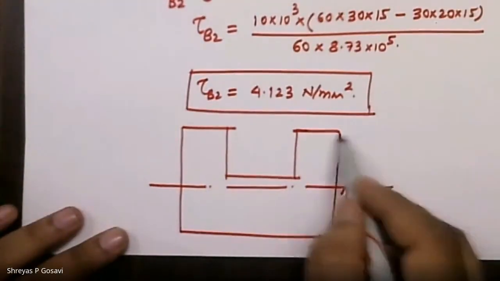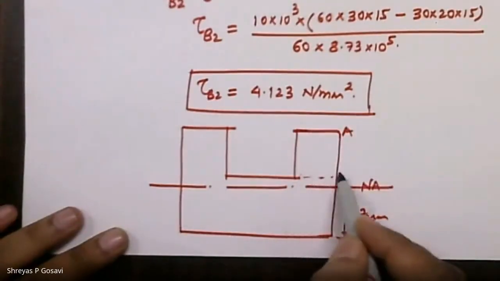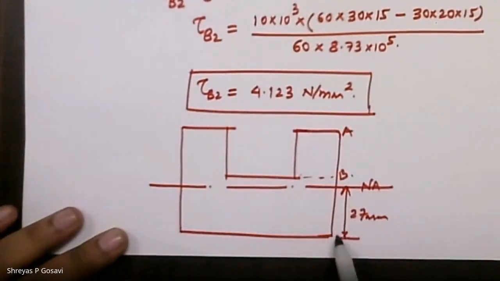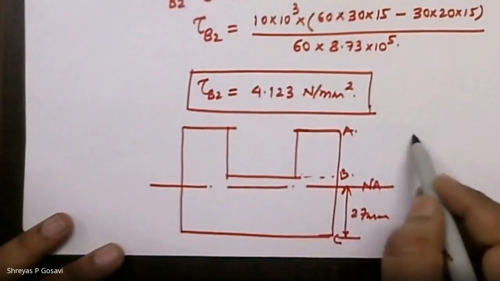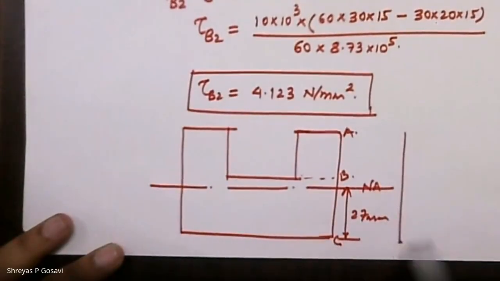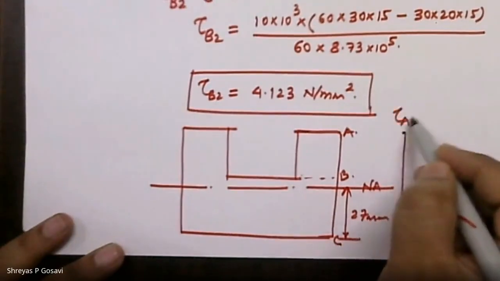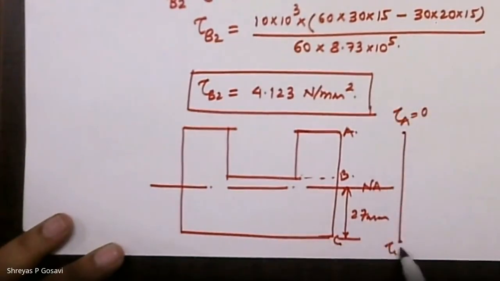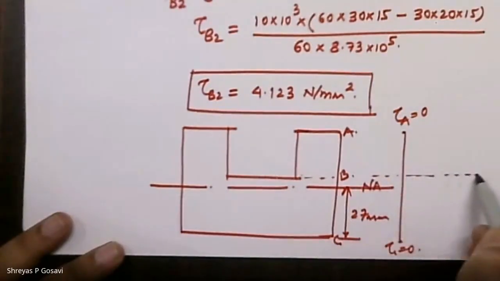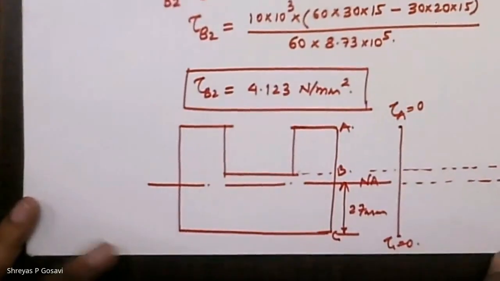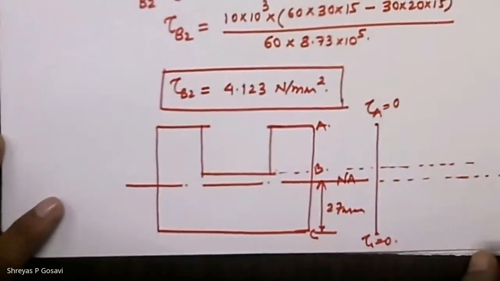About A, then about B1, B2, about neutral axis, and about C. So tau about A is equal to 0, tau about C is equal to 0. I'll project B as well as the neutral axis, and with a suitable scale we'll plot the values.